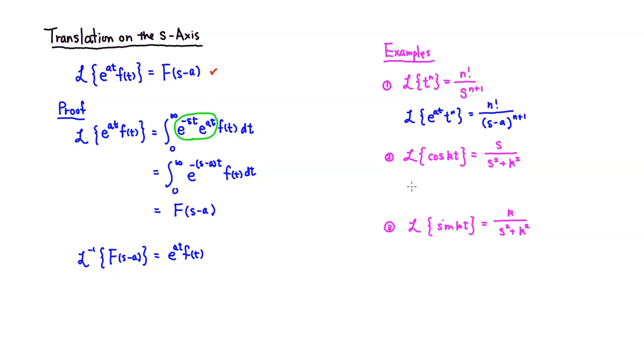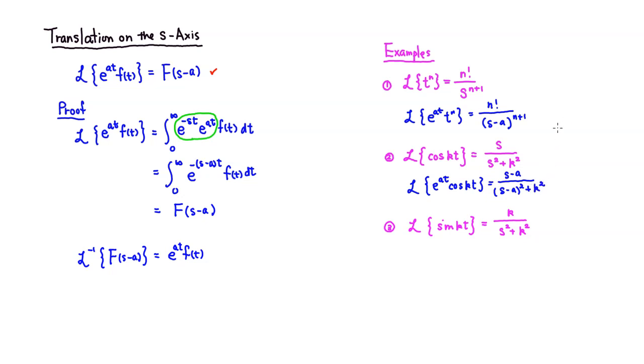Same way with the trig one. If you do the Laplace transform of e to the at cosine of kt, then all you have to do is see the s, and you have s minus a instead. And in the denominator, you have s squared, so you have s minus a quantity squared, but keep everything else the same.